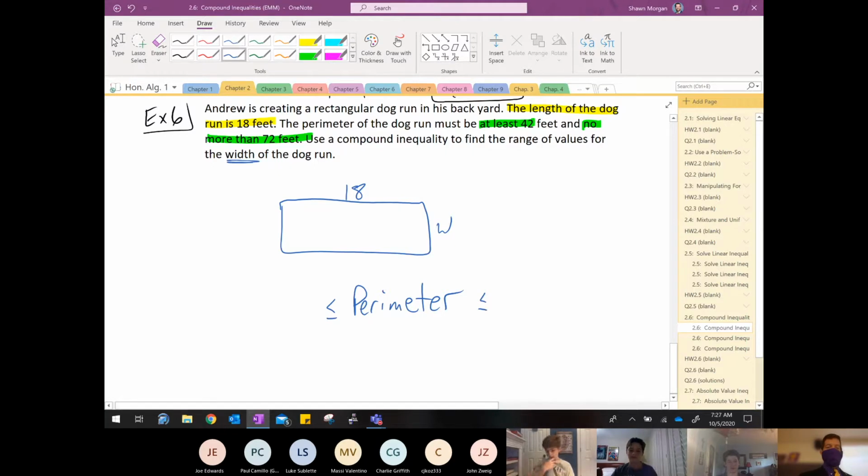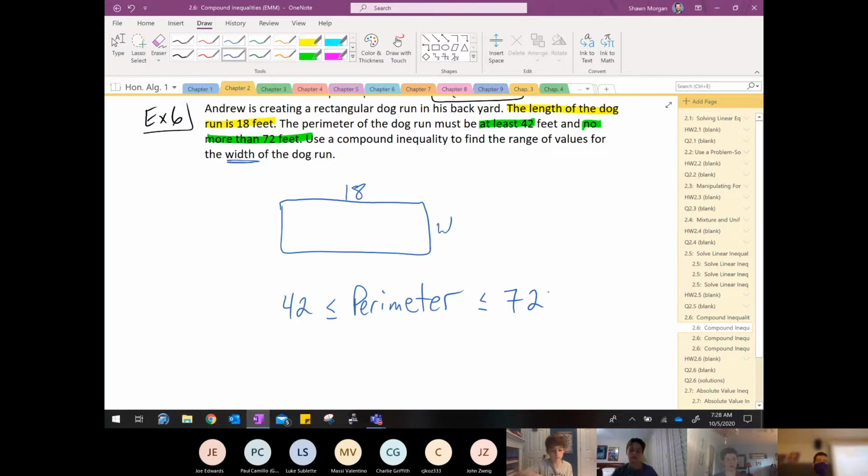All right, let's see here. So notice what I'm doing. I'm putting a lower bound and an upper bound on the perimeter. Okay? Saying, hey, whatever expression I cook up for the perimeter, actually, you guys will cook it up for me. This is what my compound inequality is going to look like. I put a lower bound and an upper bound on the perimeter. All right.